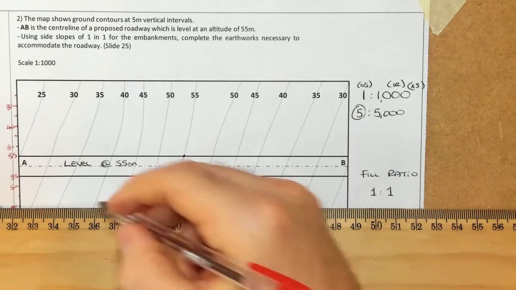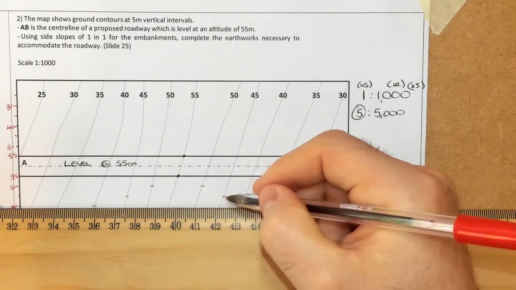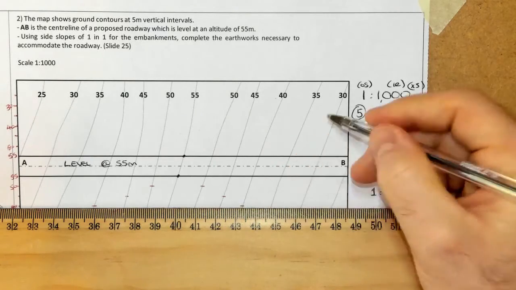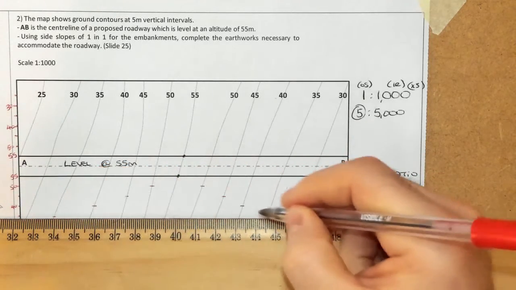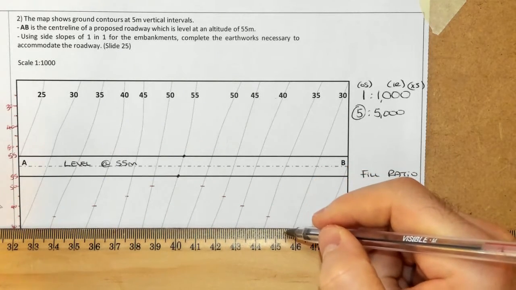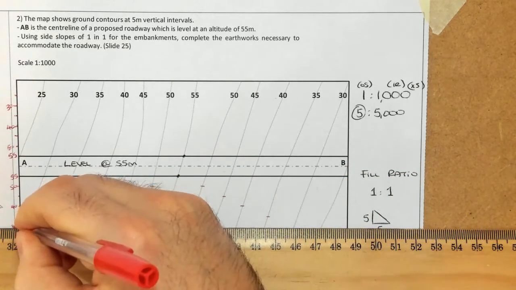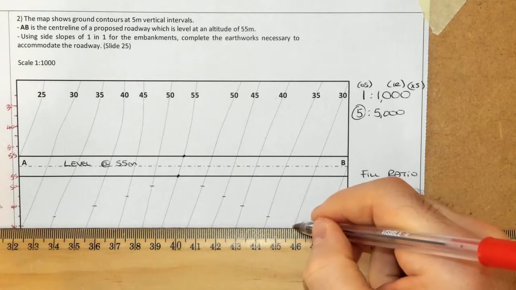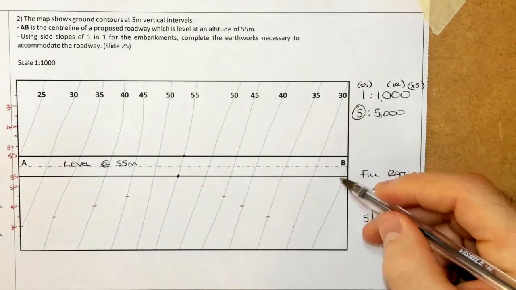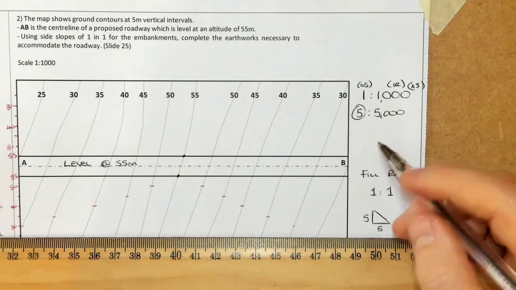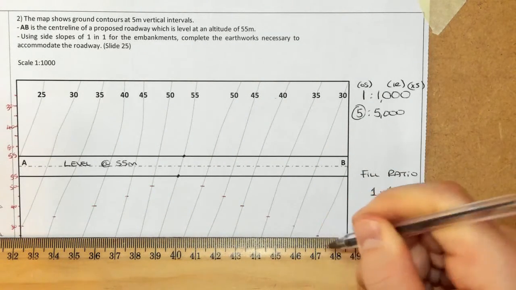Next one's at 40. Then we have 35, and then we have 30. Someone's meeting right there, and I'm going to assume, we don't see it, that this one is 25.